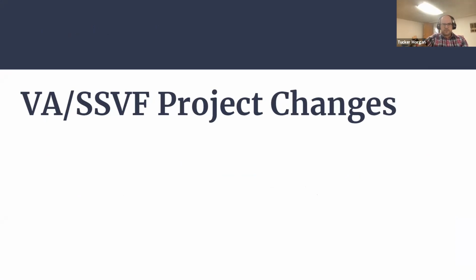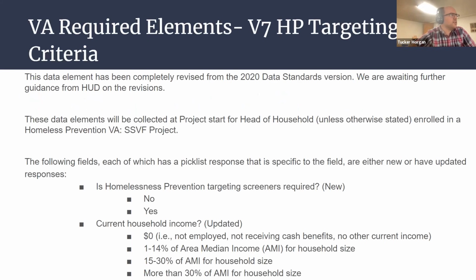So we also have some changes to FSBF, which I don't think we have anybody on the call from FSBF. So we have another training for them, but there are some changes to FSBF. If we go to the next page, there are some changes to the screening questions for SSBF homeless prevention.